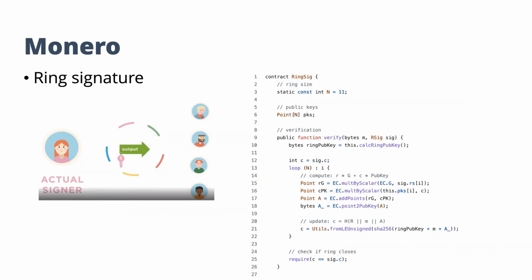With an HD wallet, usually you have only one owner, but here we usually talk about multiple owners. If you have one public key, the person who knows the private key can produce a valid signature.